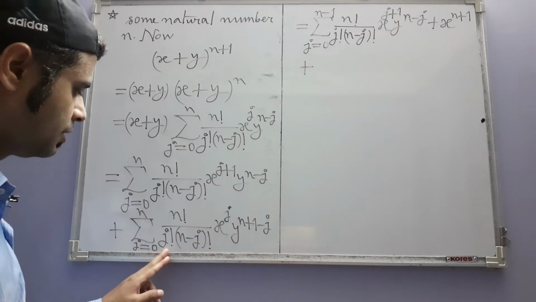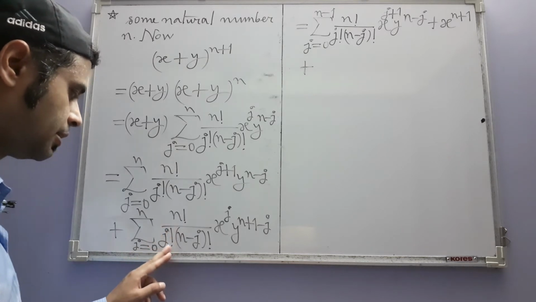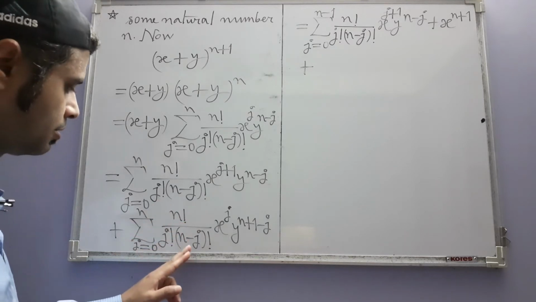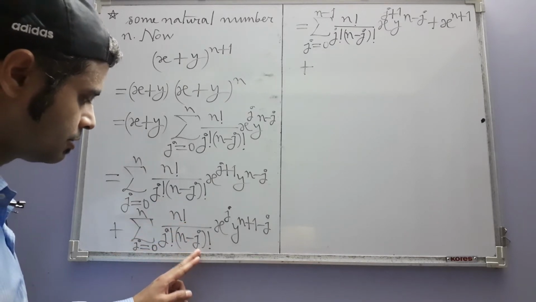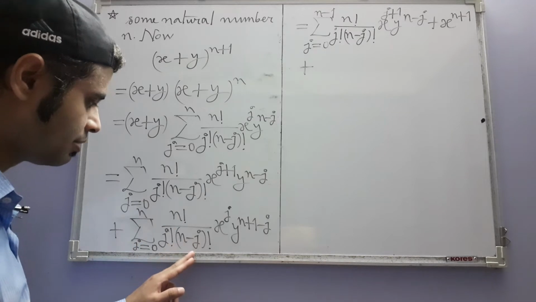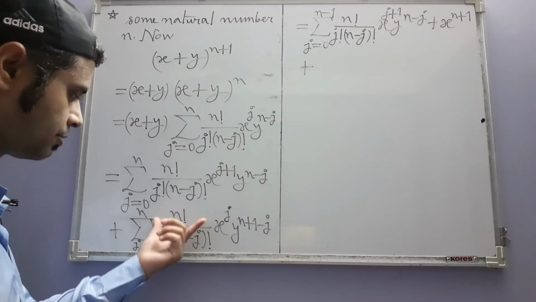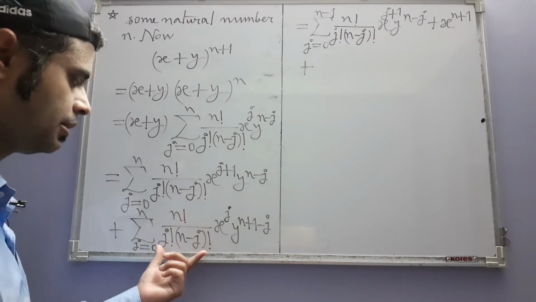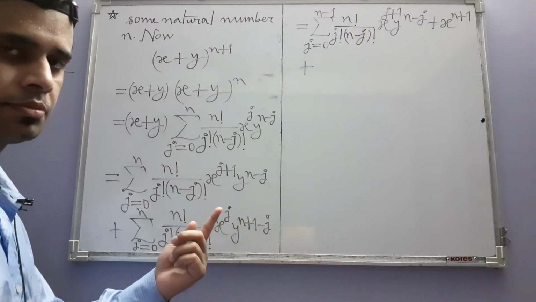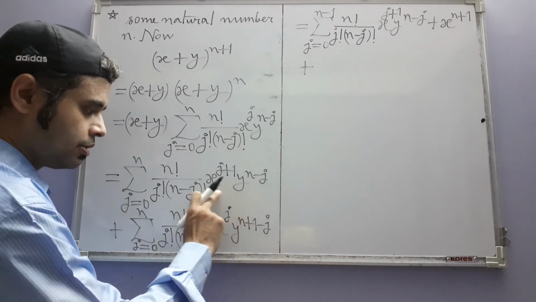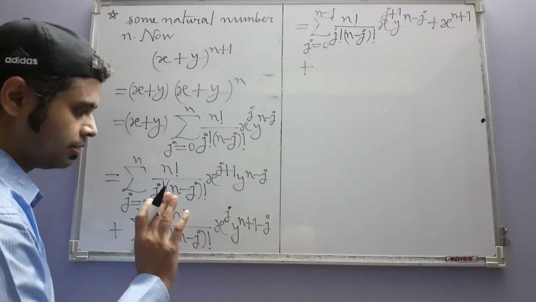Now if j is 0, first of all 0 factorial we get here in the denominator, which becomes 1 and it vanishes. If you put j equal to 0 here, you get n factorial divided by n factorial. So they cancel out, and here also this coefficient becomes 1, it vanishes. If you put j equal to 0 here, this power of x vanishes.